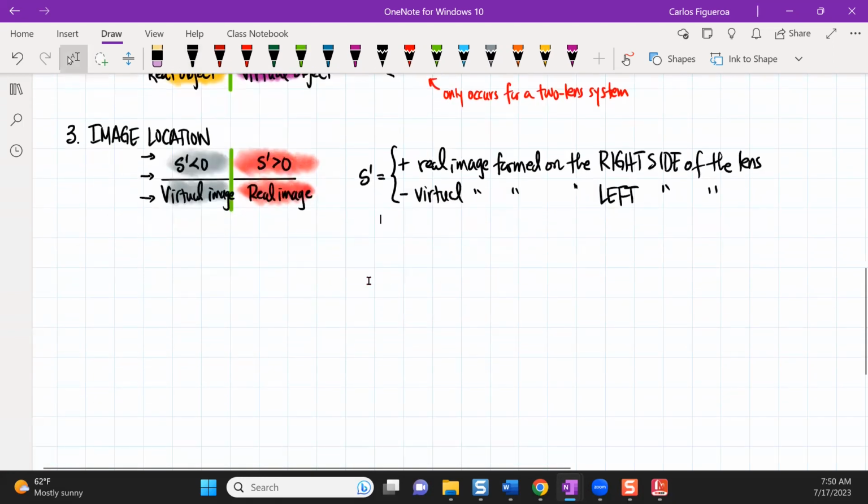Now, the last thing that we want to look at is the magnification. So what we're finding here is that we have this thing called M. So M, by definition, is called the lateral magnification.